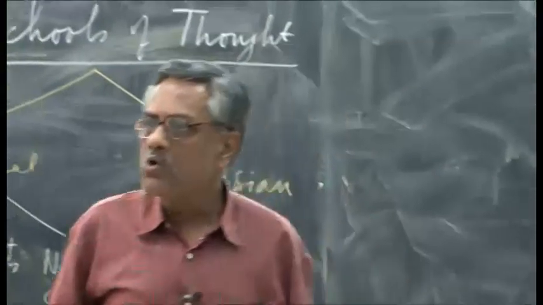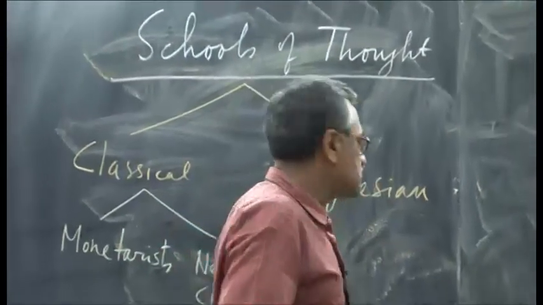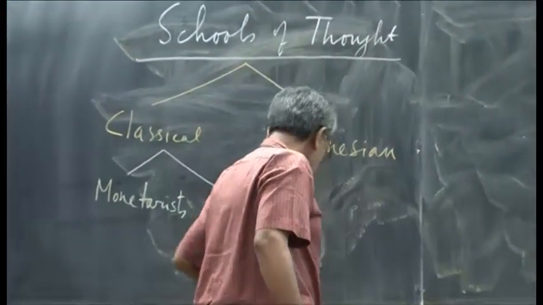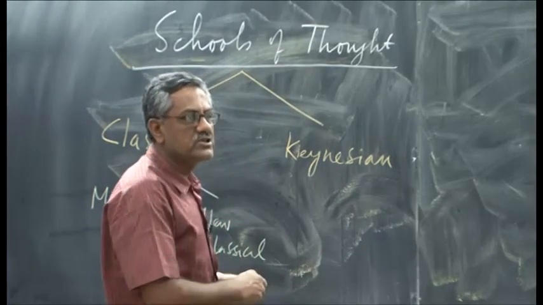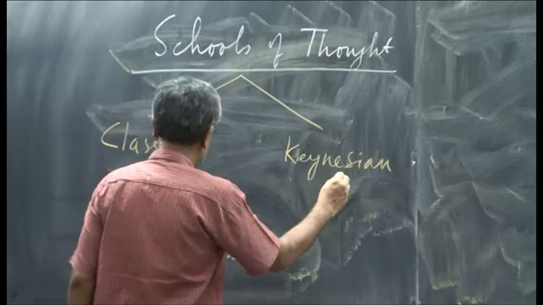The new classical macroeconomics had a framework with different algebraic formulation and assumptions like rational expectations, which is called the rational expectations hypothesis. I may not be able to get into that. And the new Keynesian also developed, which got more into various kinds of Keynesian assumptions about market rigidities. I would explain that later.